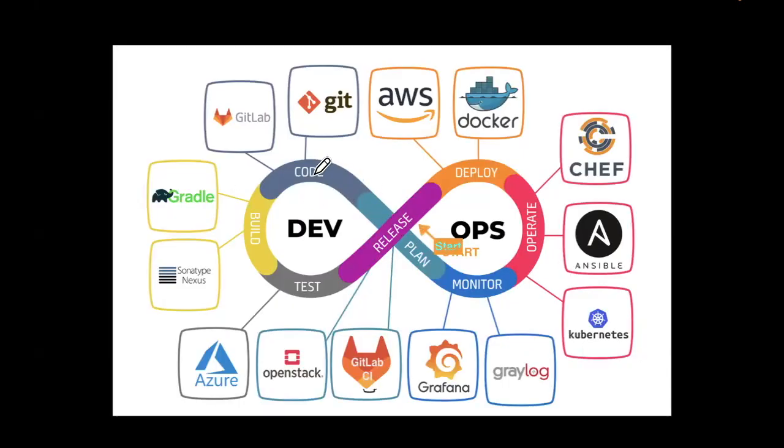Then we implement the requirements that we've decided to go ahead with. We go through a build process, which we'll talk about later on. We do some automated testing, and then we release it and deploy it. So here's where you're either adding the new features and showing it to the customer before you actually deploy it into their production environment.